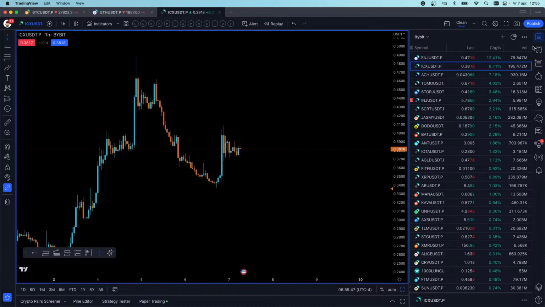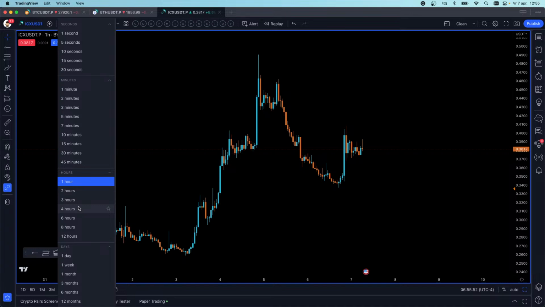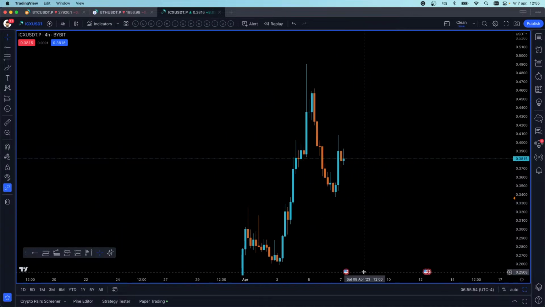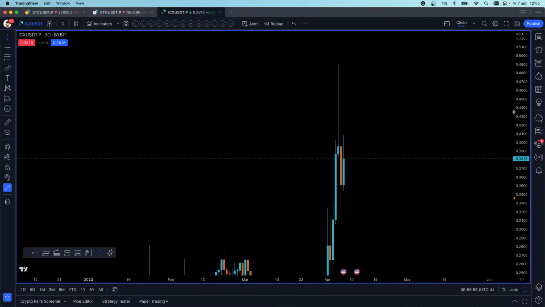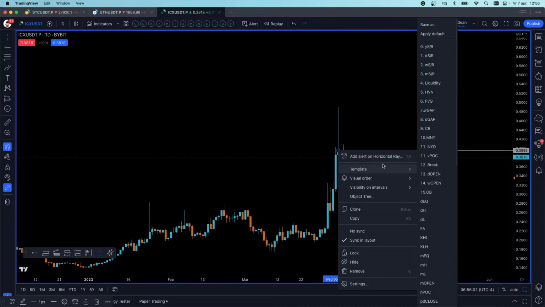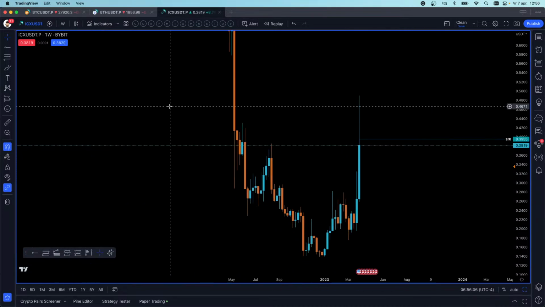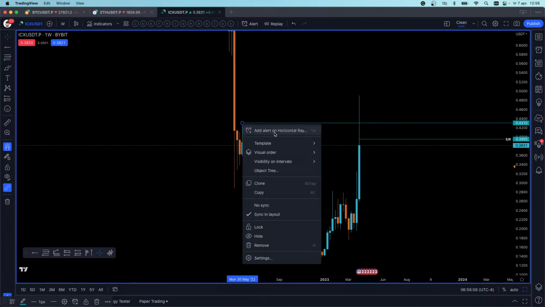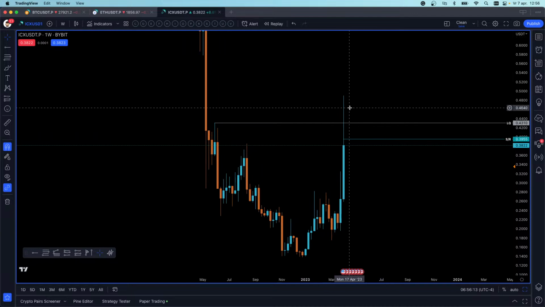It's up 8%. Taps a daily level. And also here on the time frame here, we took the liquidity already. That is something that we do have to notice, that we took the stop losses that were placed over there.